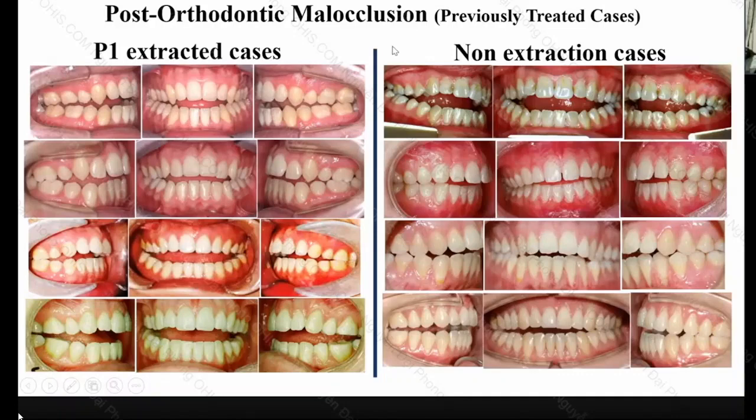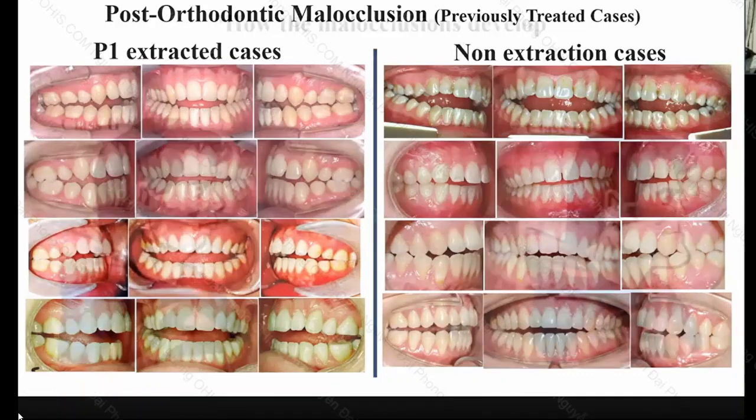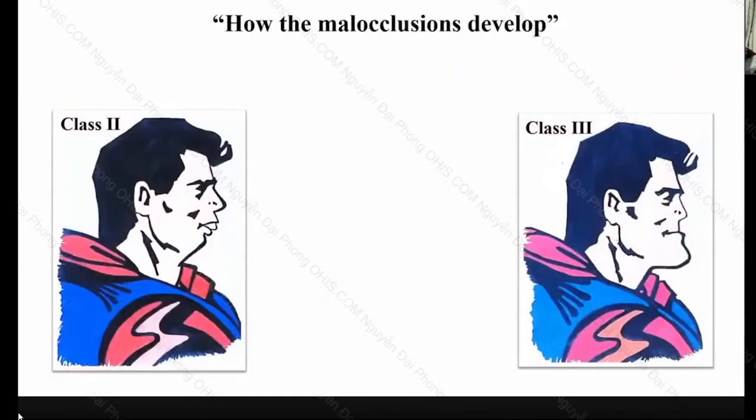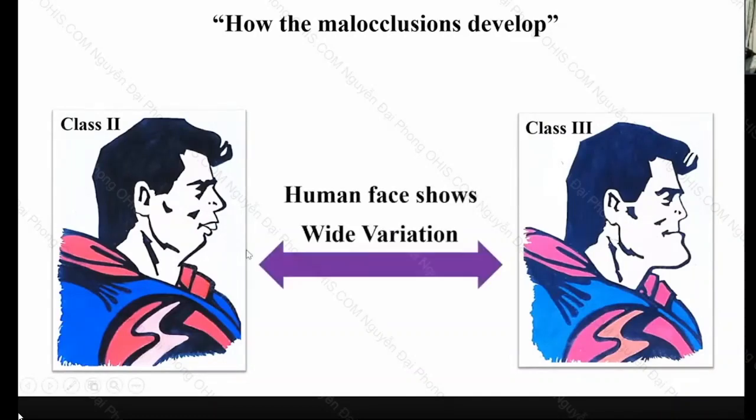In Homo sapiens, we have a wide variation of faces. Like this very extreme case, class 3 face, and another extreme case, skeletal class 2.